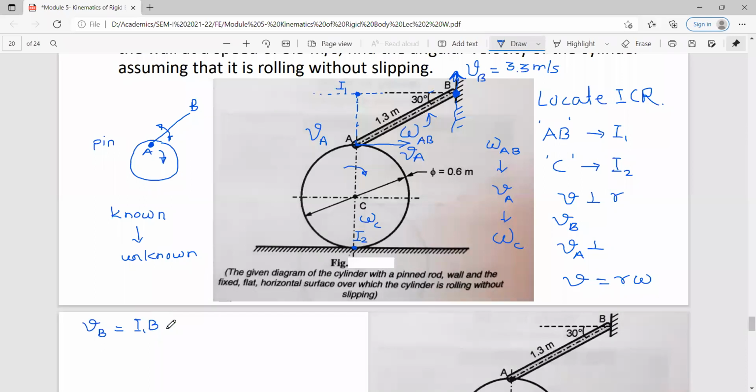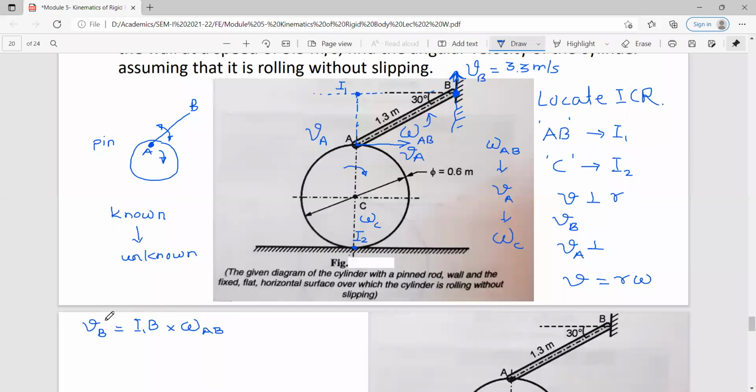It is my radius multiplied by angular velocity. So which angular velocity? The angular velocity of the object on which point B is there. So on which object is point B? Point B is on rod AB. So it is the angular velocity of rod AB.